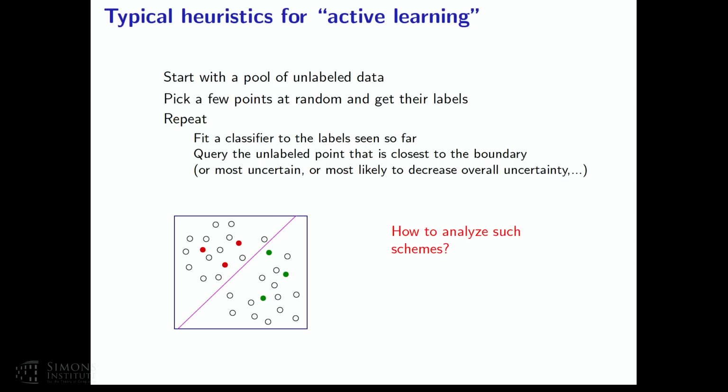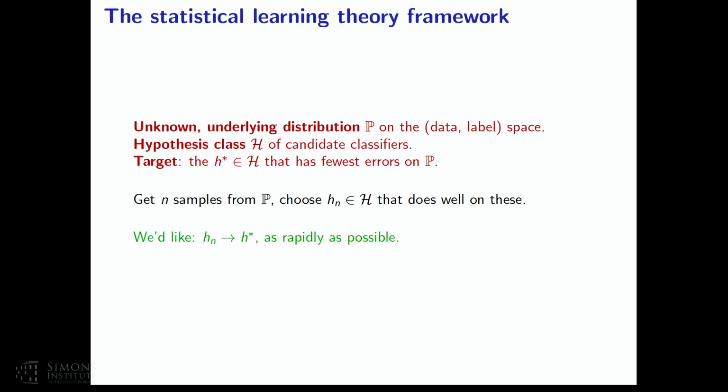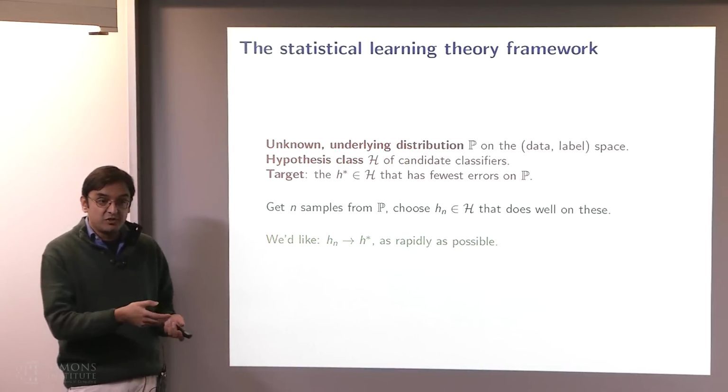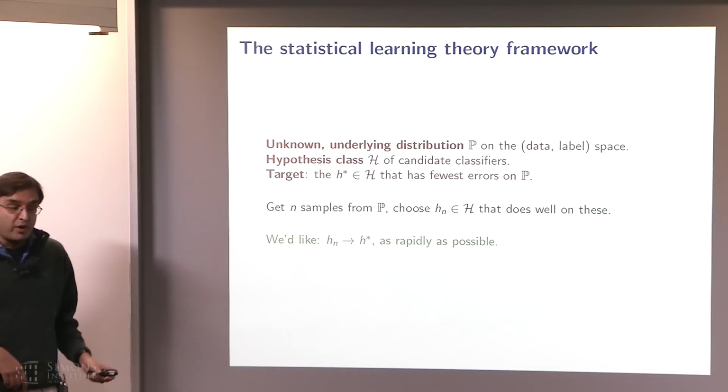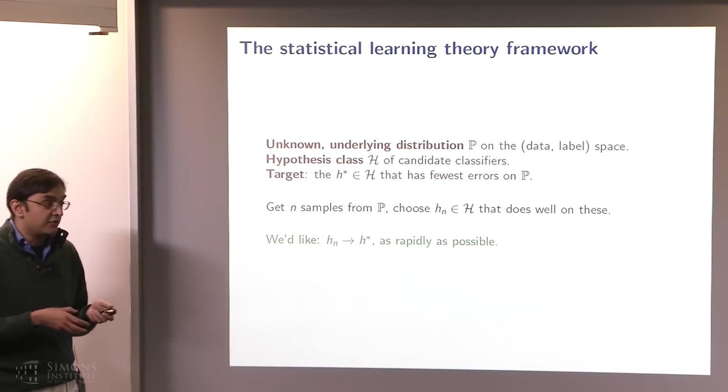And the default model for doing this would probably be the statistical learning theory model, which says that there is some unknown underlying distribution from which all data points are generated. It's a joint distribution on data and labels. We don't know what it is, but everything comes from this distribution.